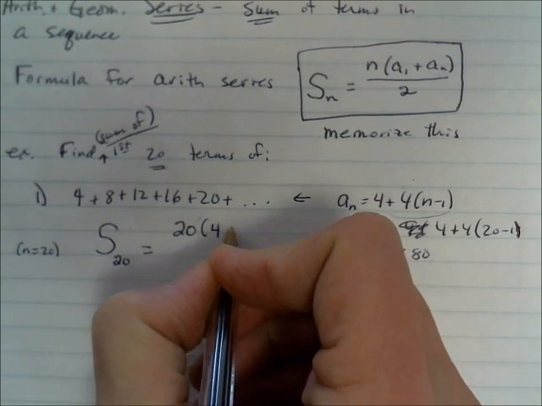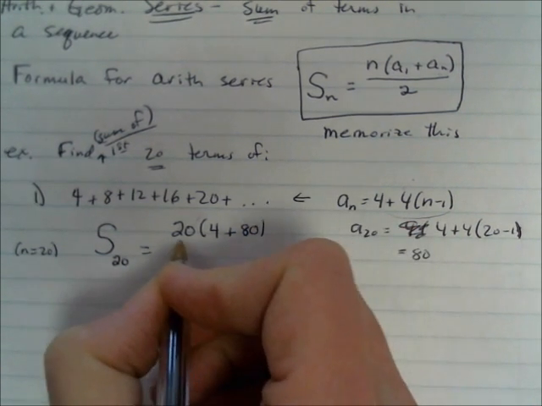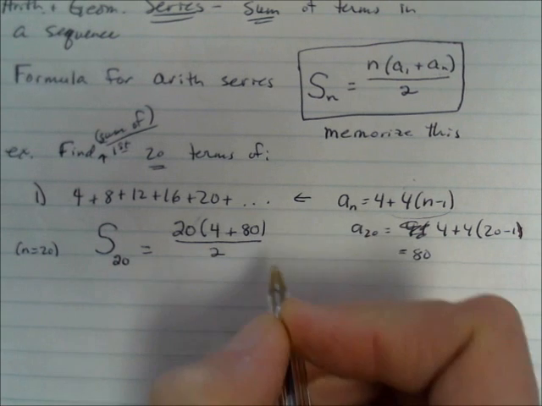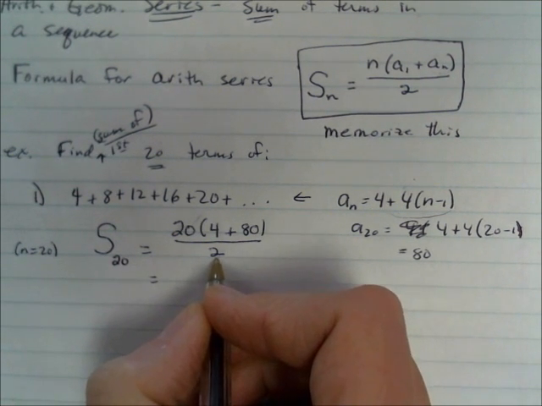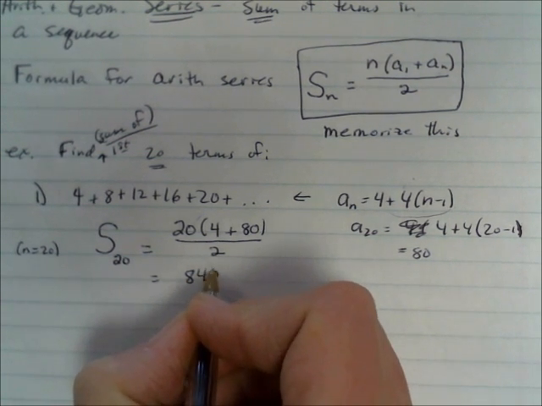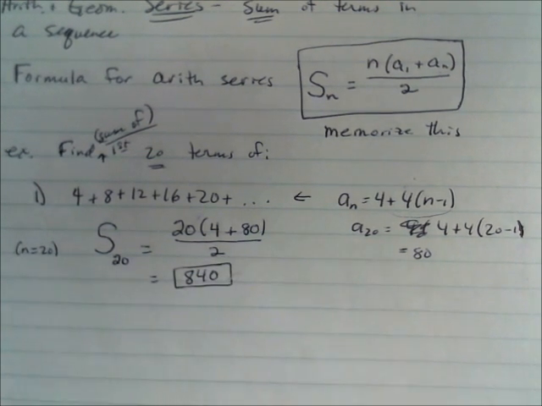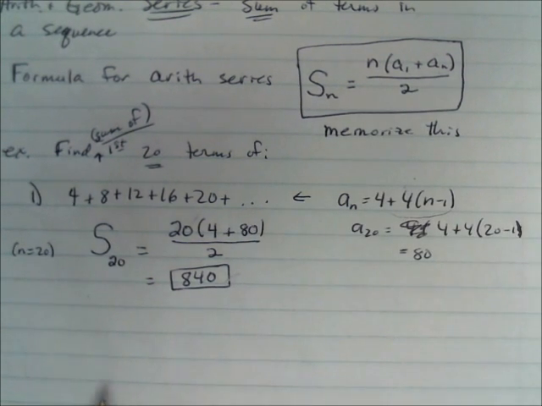So the 20th term is 80, all divided by 2. So this is 10 times 84, which is 840, I believe. So there's the sum of the first 20 terms, just using this formula up here.